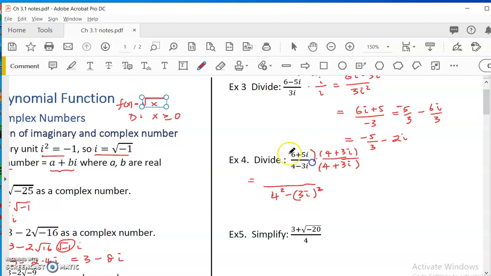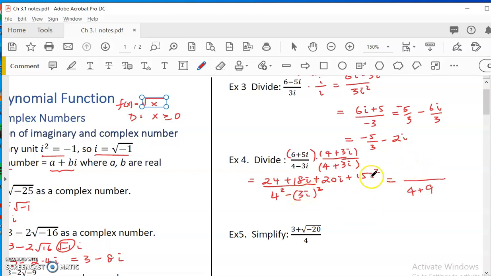The top you have to do FOIL. So 4 times 6 is 24, 6 times 3 is plus 18i, 5i times 4 is plus 20i, 5i times 3i is plus 15i squared. Okay, so simplify a little further. The bottom would be 16 plus 9, because the minus i squared becomes plus 9.